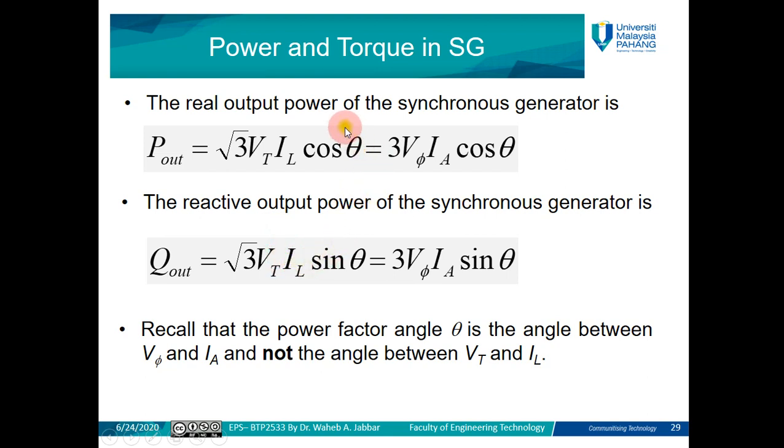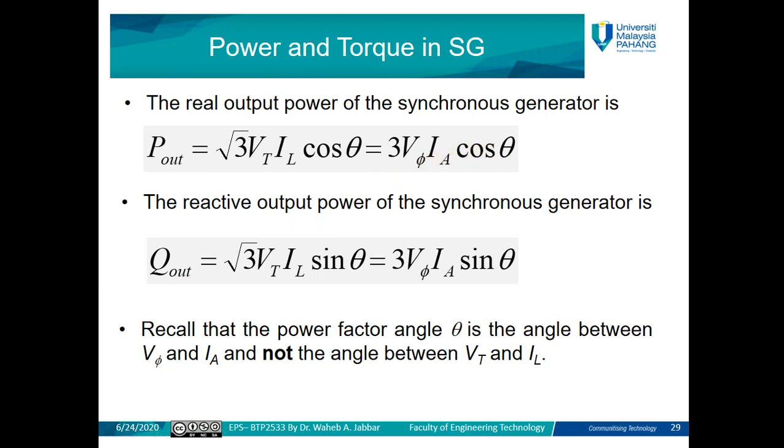So this formula now represents the output power either based on the V terminal and I line, or based on the V phase and I phase. When we talk about phase, we must multiply by 3 because we have 3 phases, so it will be 3 V phase I phase cosine theta, and cosine theta represents our power factor.